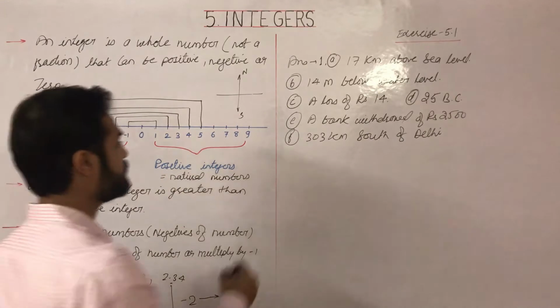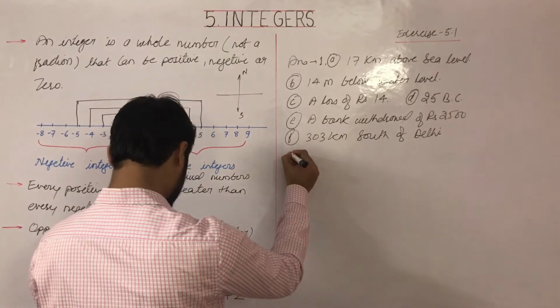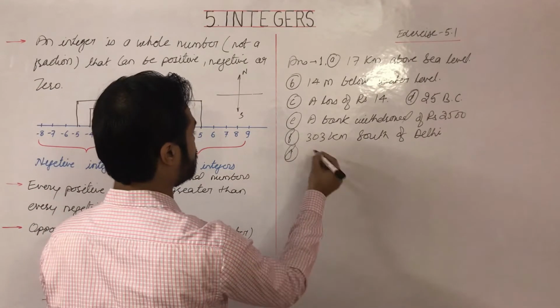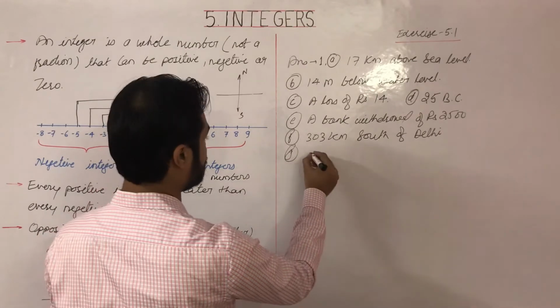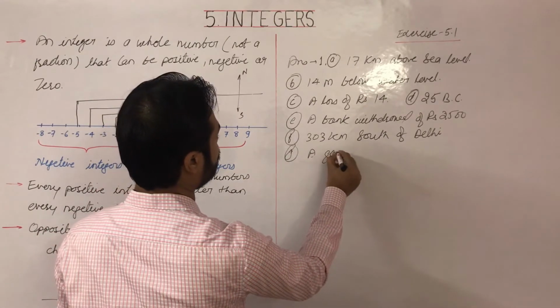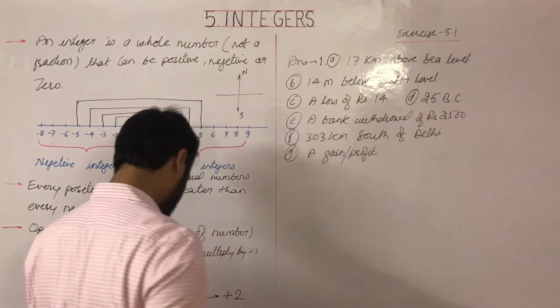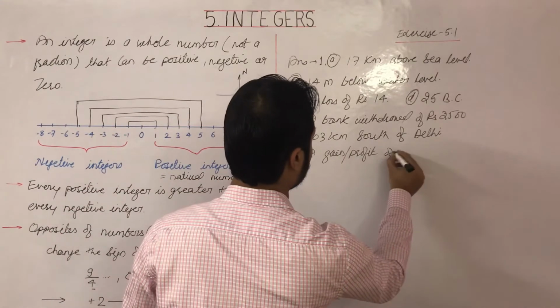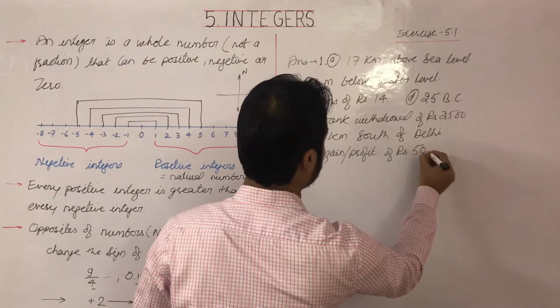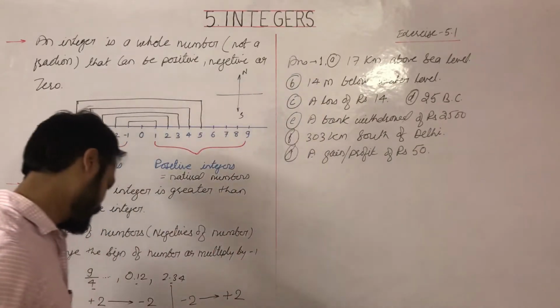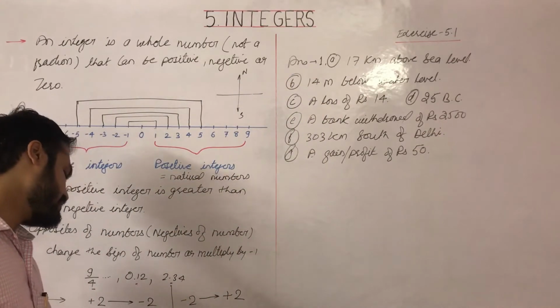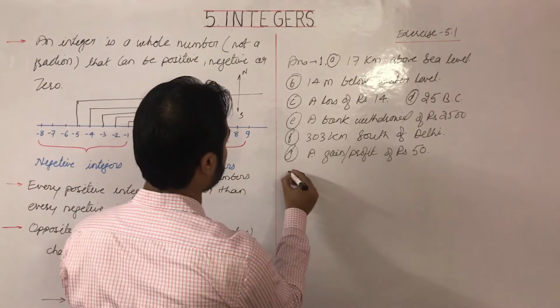Next, a loss of rupees 50. Again, opposite of loss, profit. A profit of rupees 50. Then next, an increase of rupees 25 in salary.